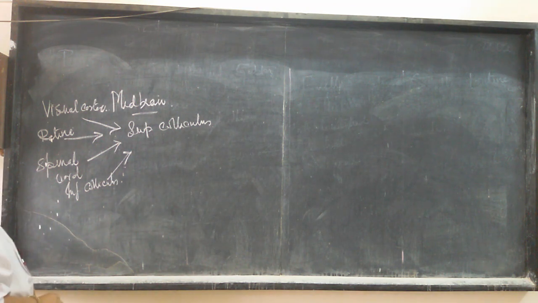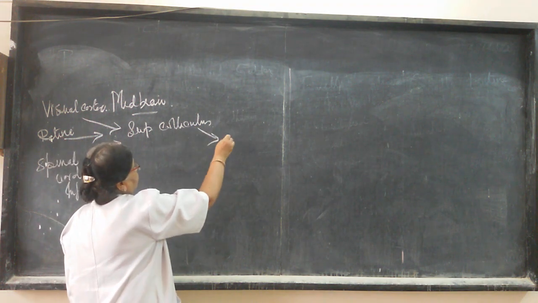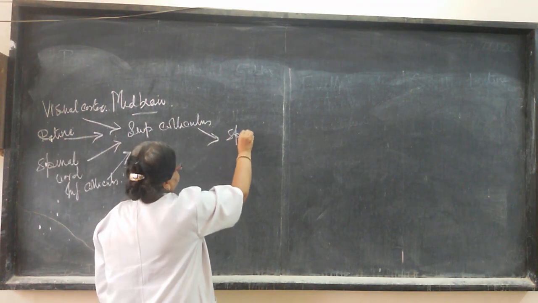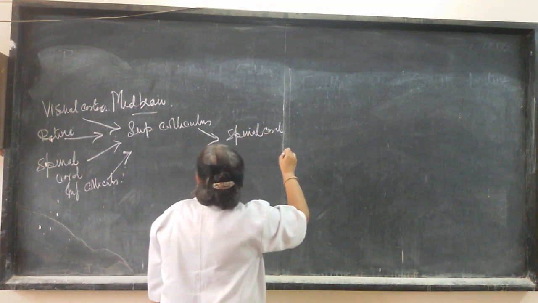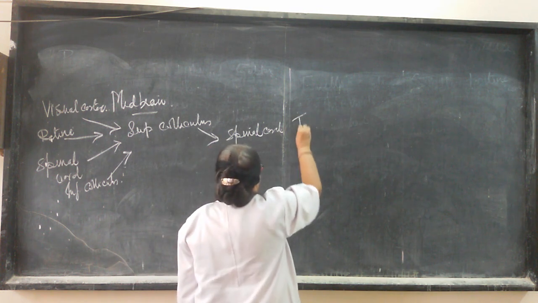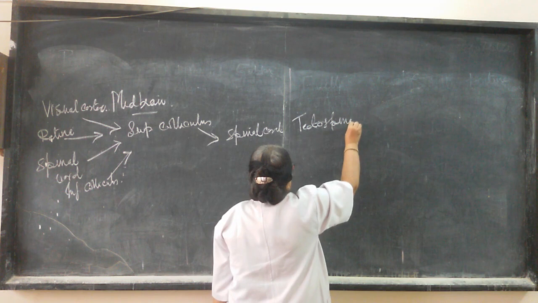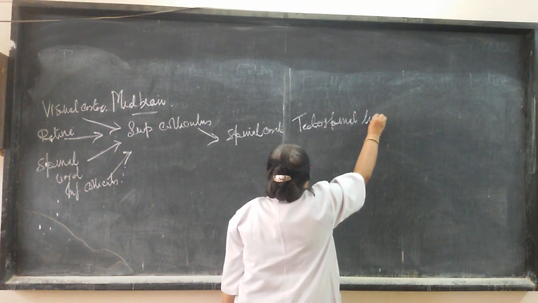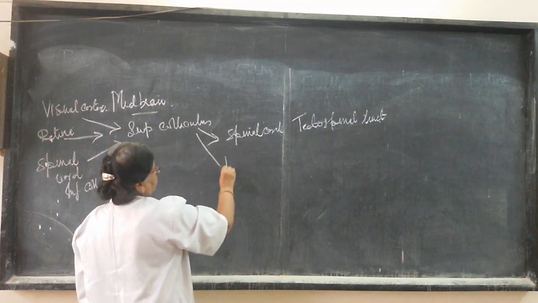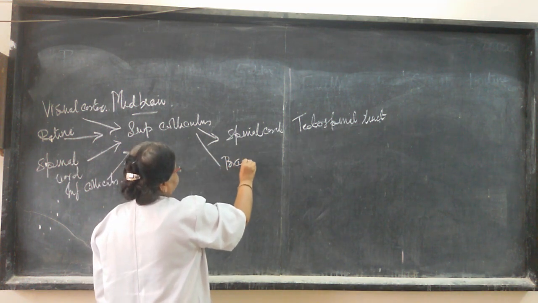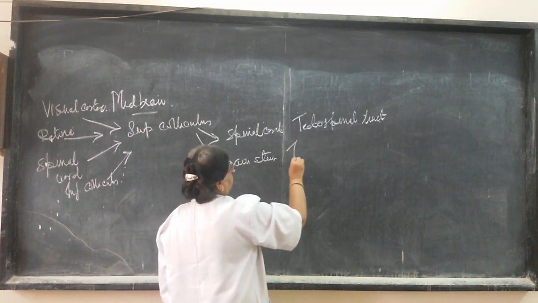And the fibers which emerge from it go to the spinal cord as the tectospinal tract. To the brain stem as the tectobulbar tract.